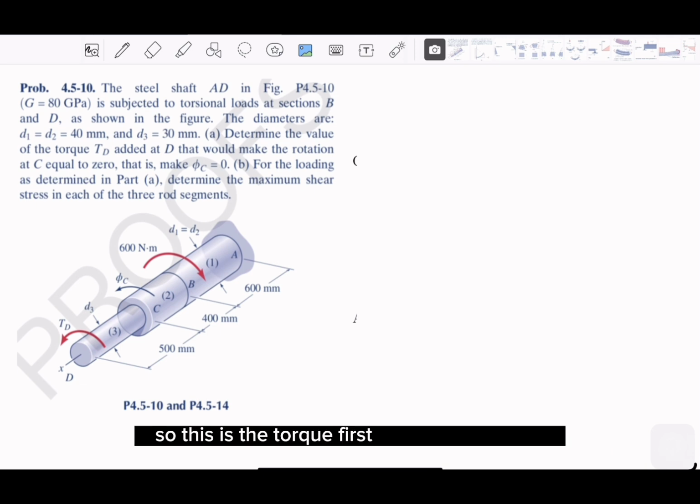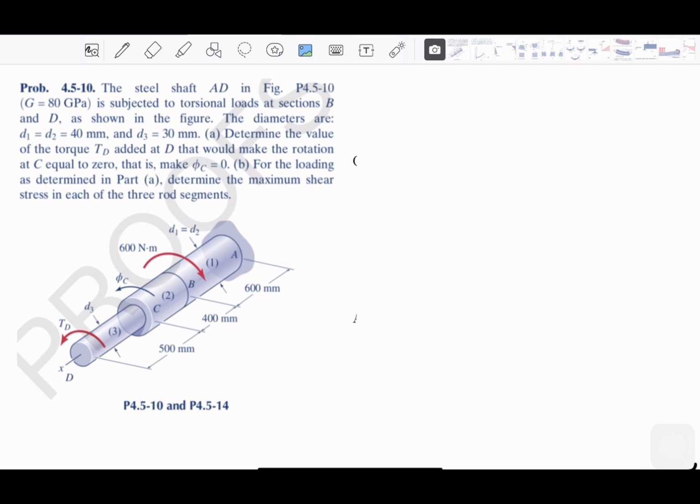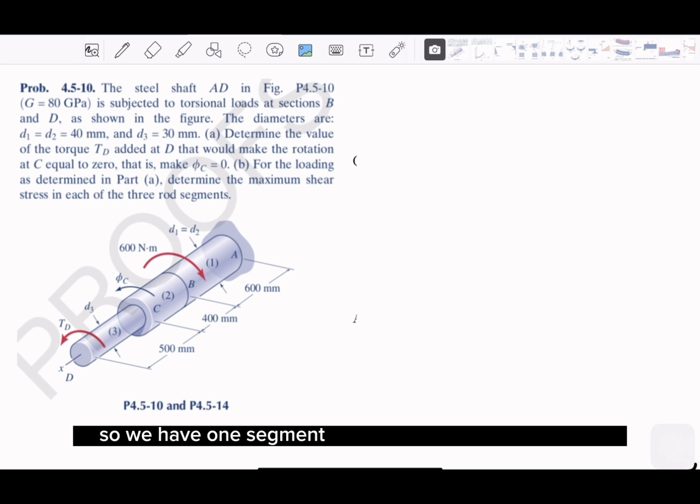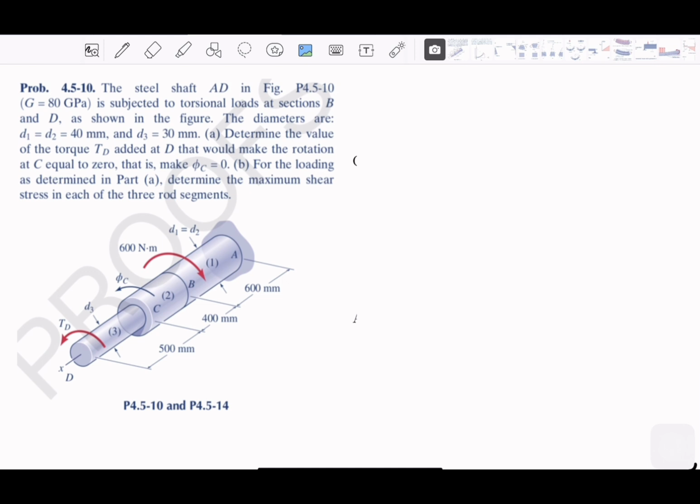So this is the torque first. This is another one. So we have the first segment, second, and the third segment. Let me give you time to think.